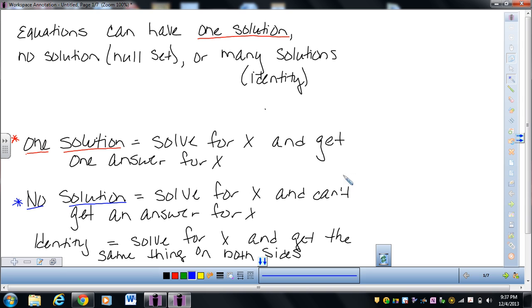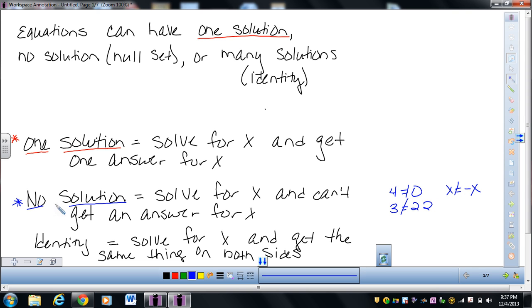What that means is that you are going to try to solve for x, and you are going to come up with an answer that may look like 4 equals 0, or 3 equals 2, or x equals negative x, something like this, where you know that 4 does not equal 0, and 3 does not equal 2, and x does not equal negative x. None of these equal each other.